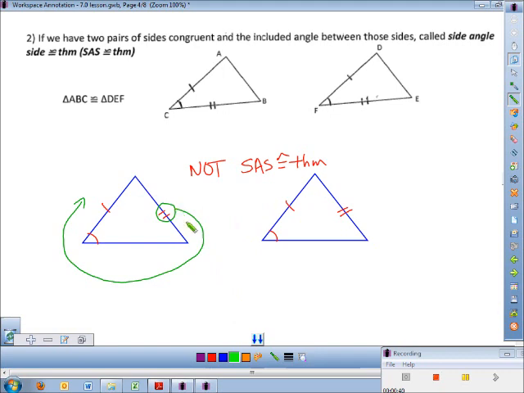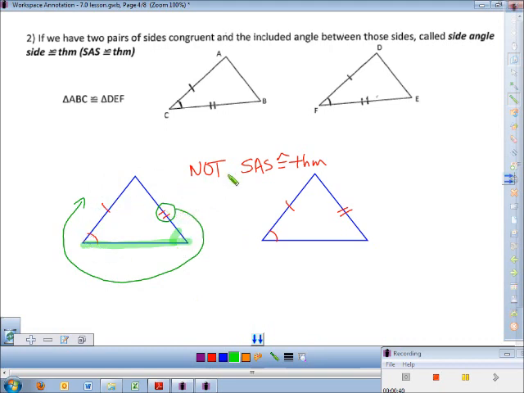You can't skip two things in a row. Like if I went around the clock this way, isn't it true that I skipped over this angle right here? I skipped over that angle, and I skipped over this side. I just skipped two things in a row. I skipped an angle, and I skipped a side. You can't skip two things in a row. So you jumped too many steps, basically. You can't go side, skip, angle, side.